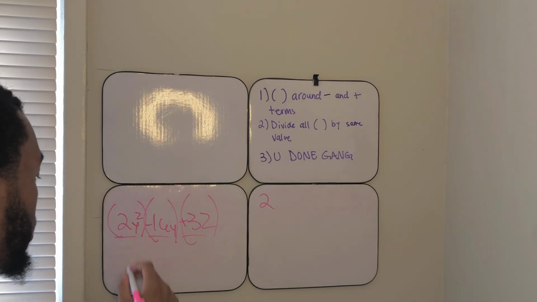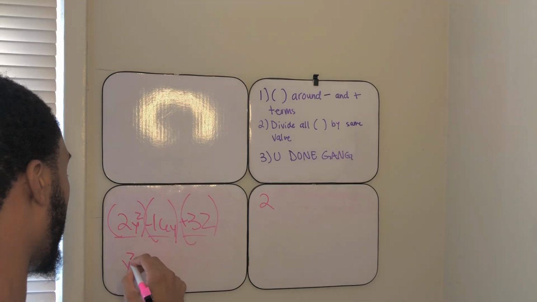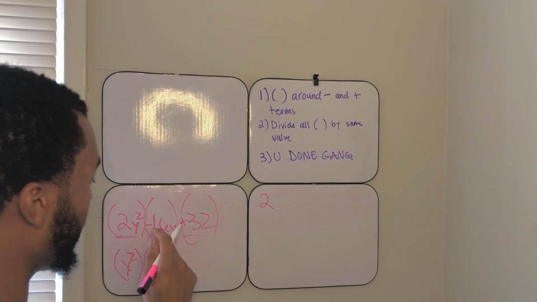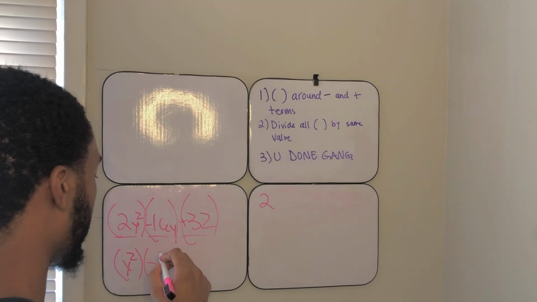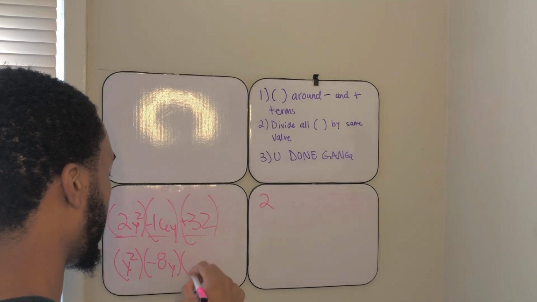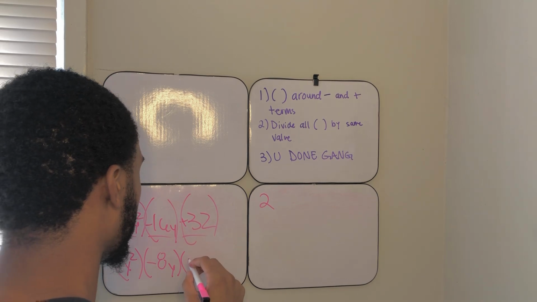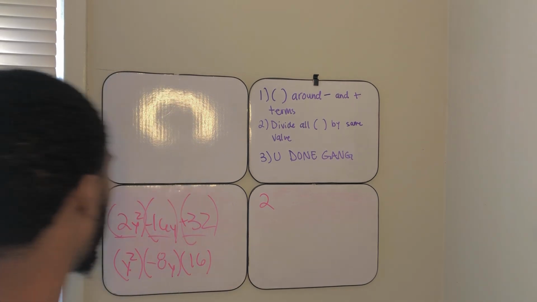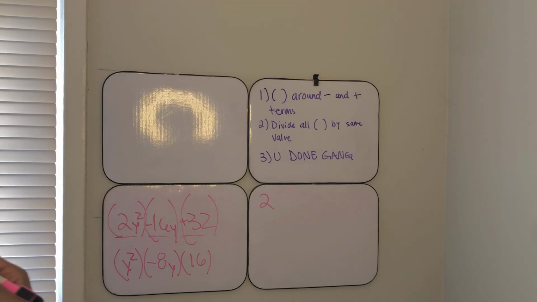When you divide this by 2, what you get is y squared, parentheses around it, just so we can keep up with everything. Negative 16 divided by 2, that's negative 8. And you leave the letter the same. And then 32 divided by 2, that's 16. Is there anything else?